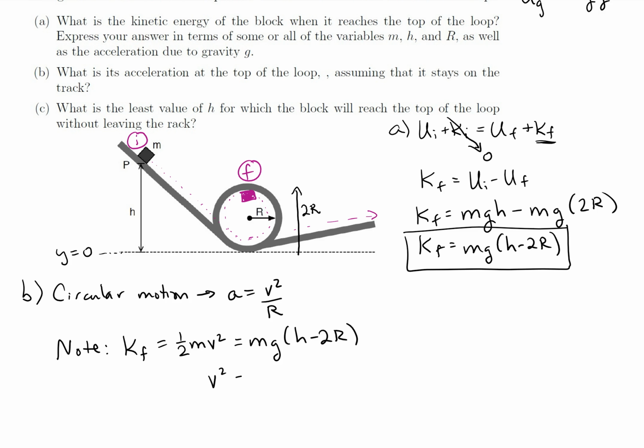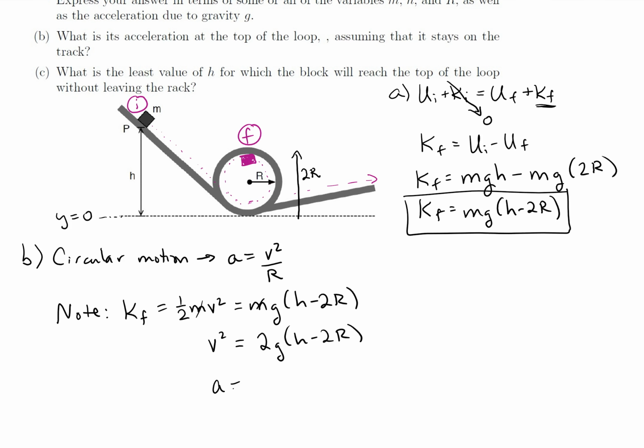So here v squared equals 2g(h minus 2r). Right, I just multiplied both sides by 2 and divided both sides by m. And so my acceleration then must be 2g(h minus 2r) over r.